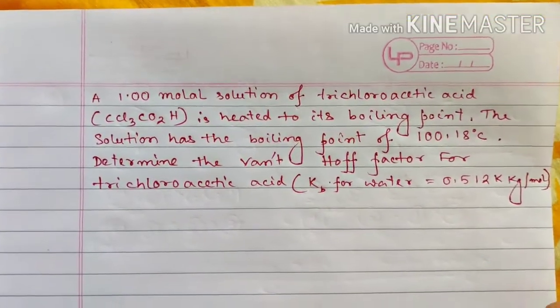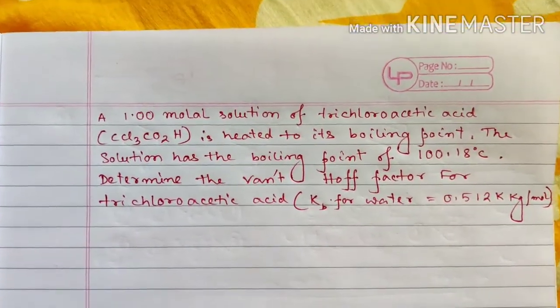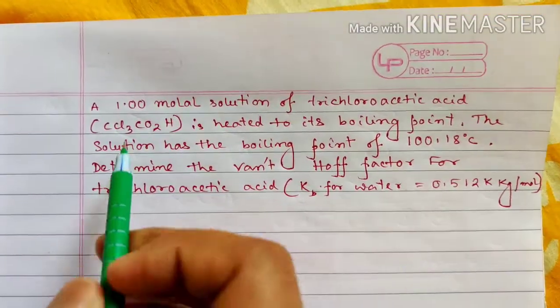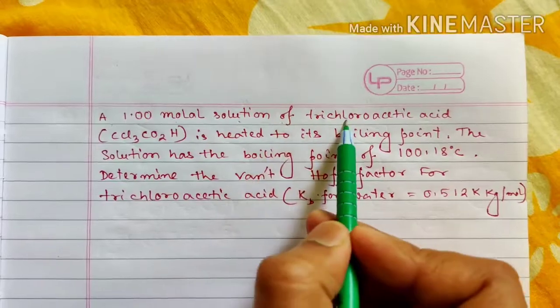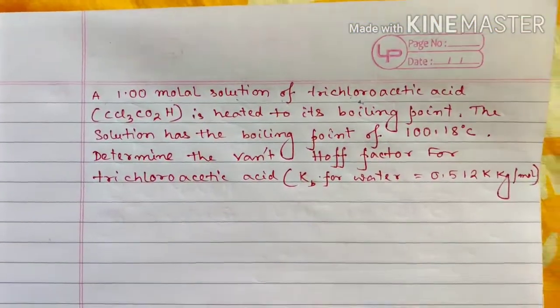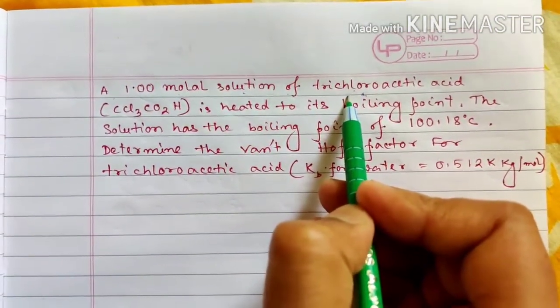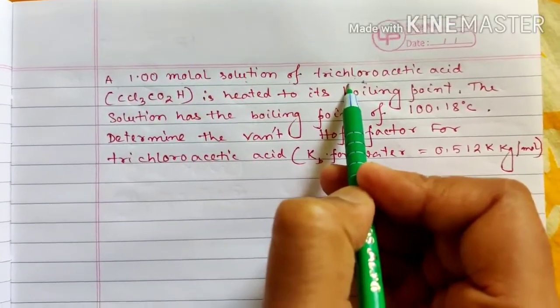The third question that we are going to discuss today is not from NCERT. It is a question collected from other books. So let us see the question. The question is: a 1.00 molar solution of trichloroacetic acid. Now this one is a special one because it is not a strong electrolyte. So how it is going to dissociate will not be the same as we can predict for strong electrolytes.